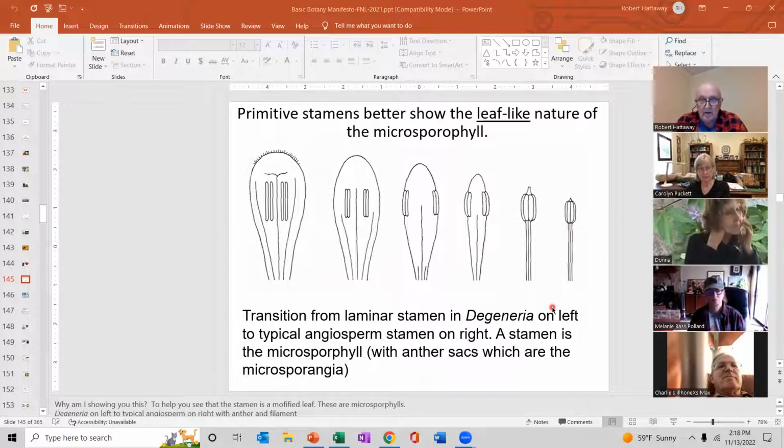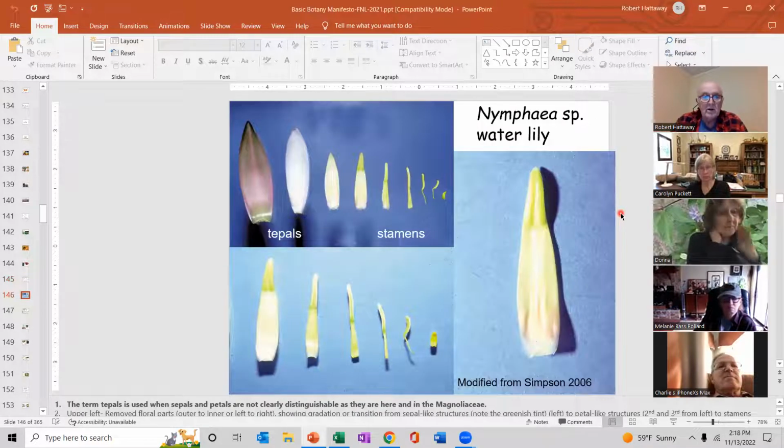And then the next slide. I've got this problem. Let's see if I can make it. Okay. Now in water lily, like magnolias, there's no well-defined distinction of petals and sepals, but we have a transition from sepal-looking tepals to petal-looking ones, all the way over to a regular stamen.